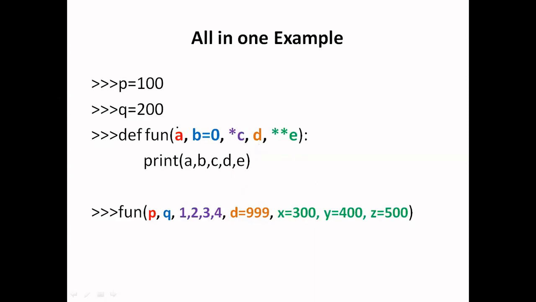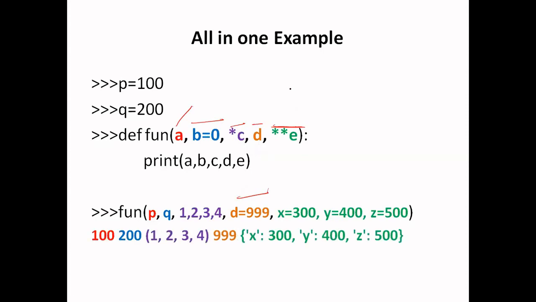So in this case, a is a required argument, b is a default argument, c is a variable length argument, d is a keyword argument, and finally e is a variable length keyword argument. If I print all these 5 variables, I will get the answer 100 because p has a value 100, q has a value 200, and then 1, 2, 3, 4 will be assigned to variable c.